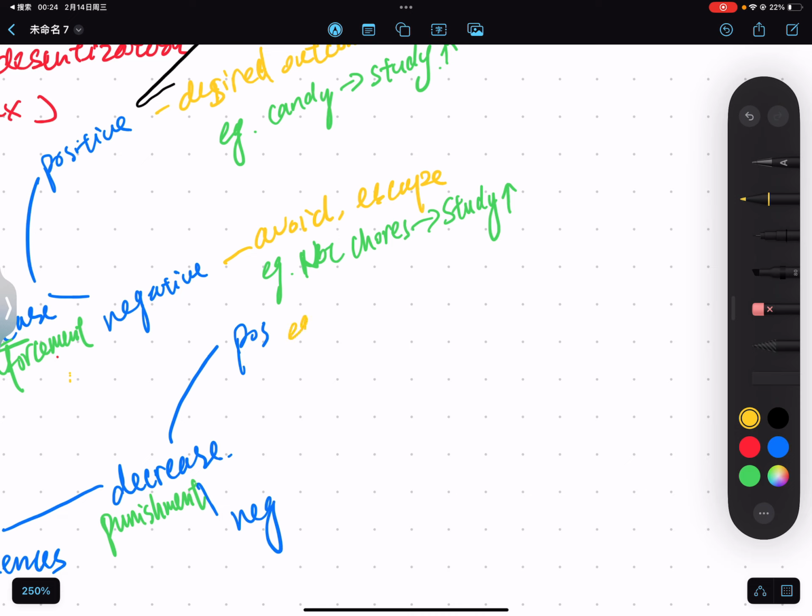Another example is your mom told you if you watch too much TV, then you need to do more chores. So you watch TV, and that behavior will decrease.